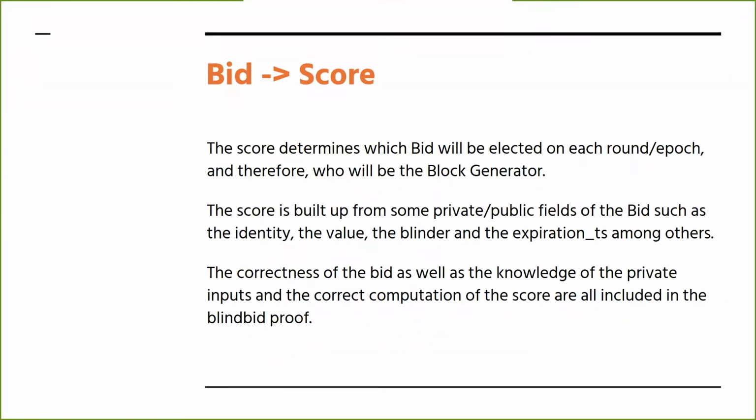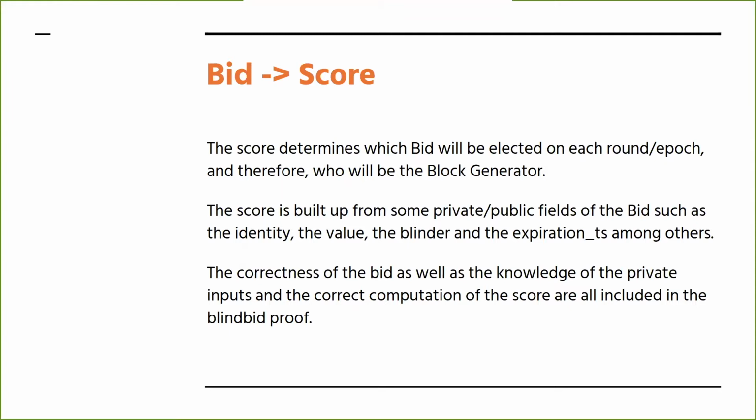So once we have our bit, we can compute the score, and the score is a semi-random function that, with the inputs that our bit has, is able to produce a result which is between a range.